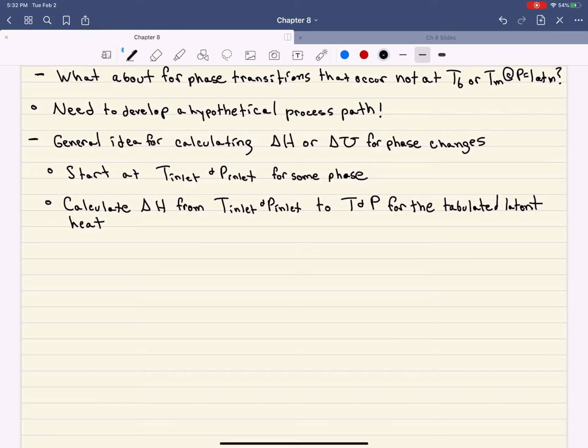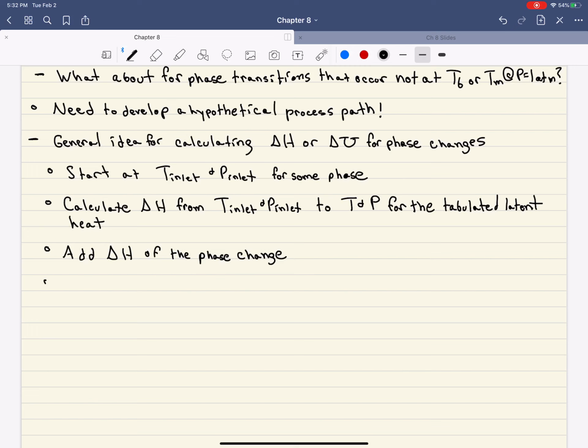And then after that, once you get to the conditions of the latent heat, the temperature and pressure conditions, what you're going to do is add the delta H of the phase change, so that you add the enthalpy change that's involved from going from one phase to another.